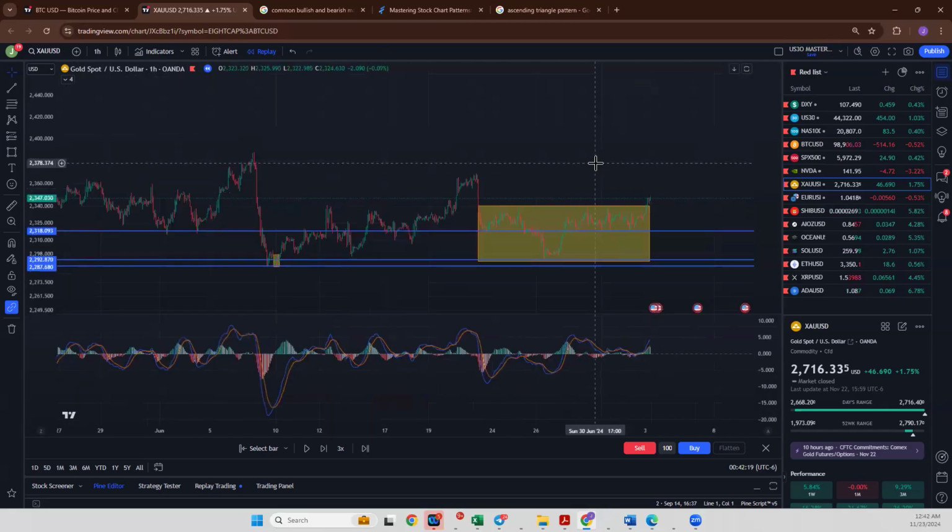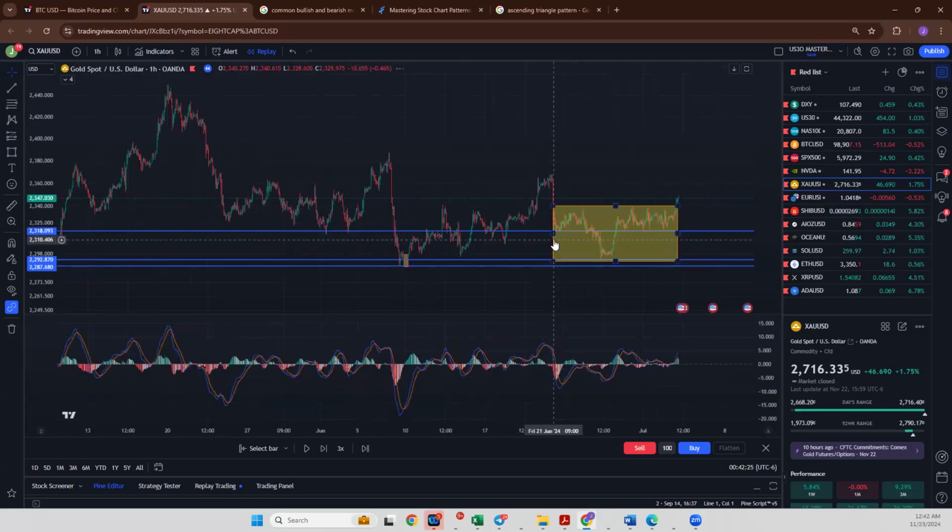So that's head and shoulders. Another pattern that I really like to use, and I think I had hinted at this before, is flags. I love bearish flags and bullish flags.